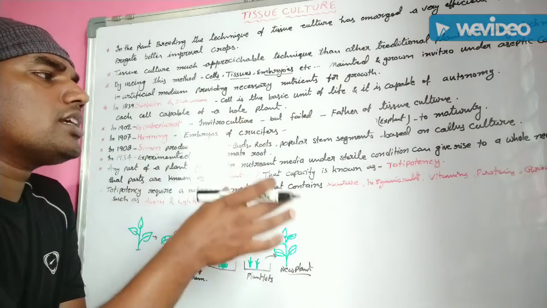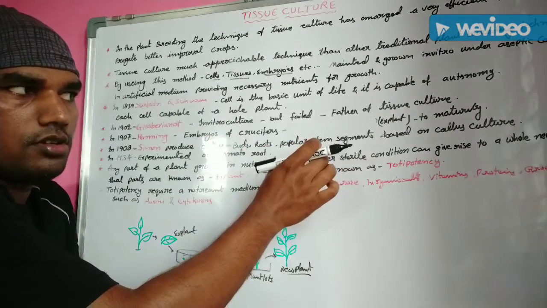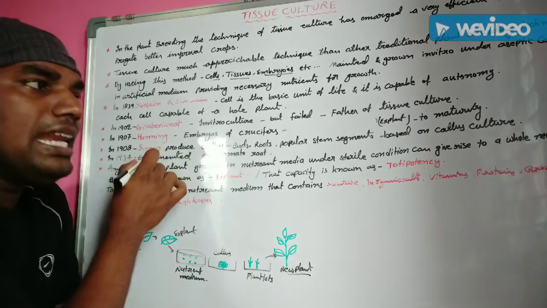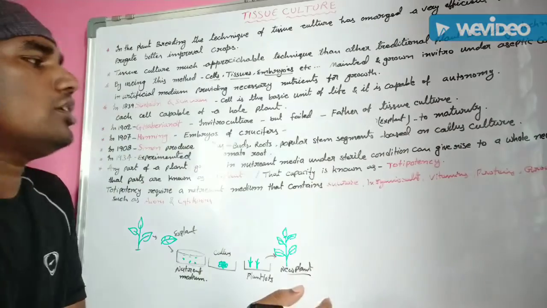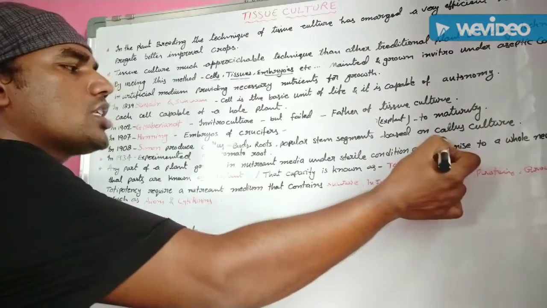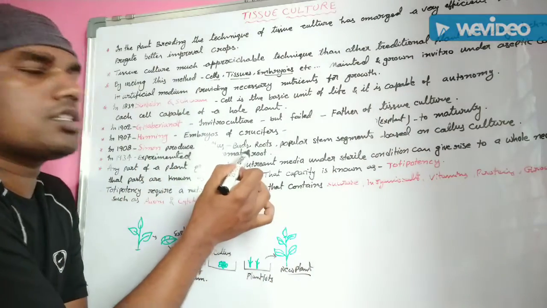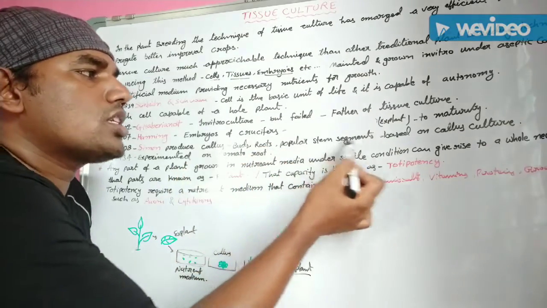He completely prepared callus from these plant parts. Next one, Simon's experiment is mainly based on callus culture. He utilized callus culture and successfully produced callus from the buds, callus from the roots, and callus from the poplar stem segments, etc.